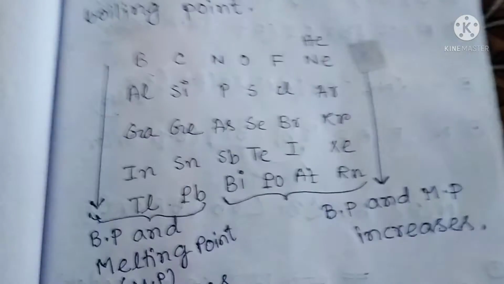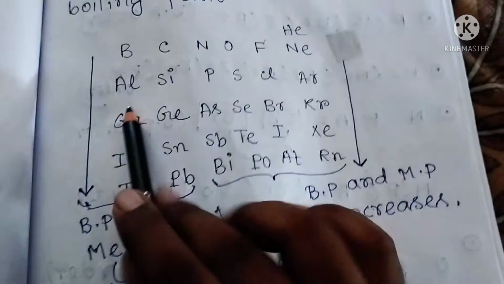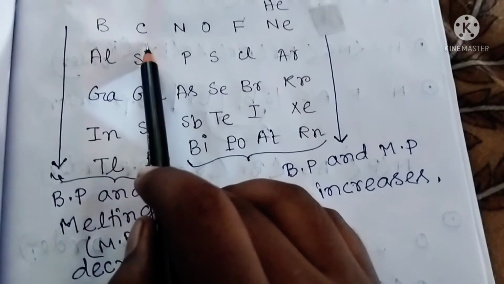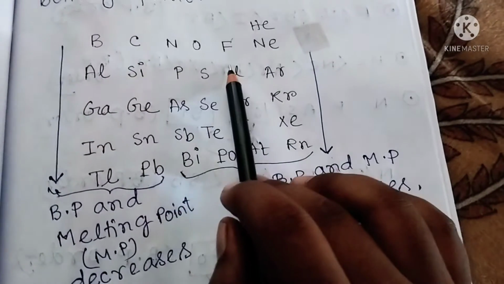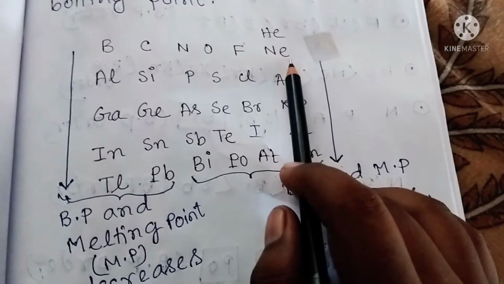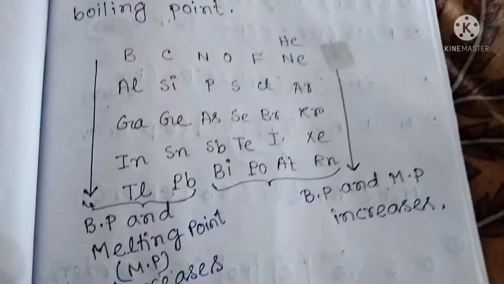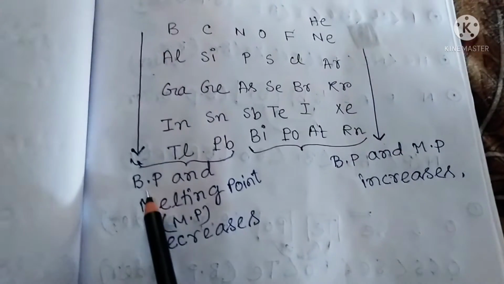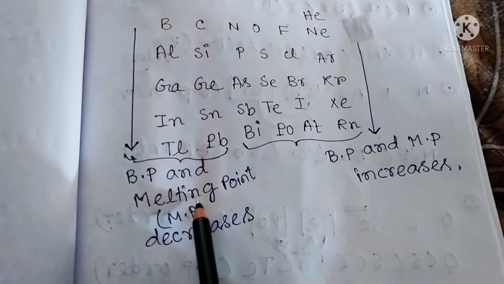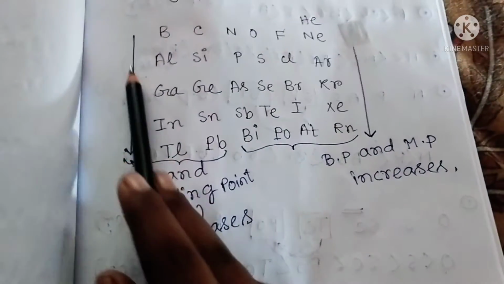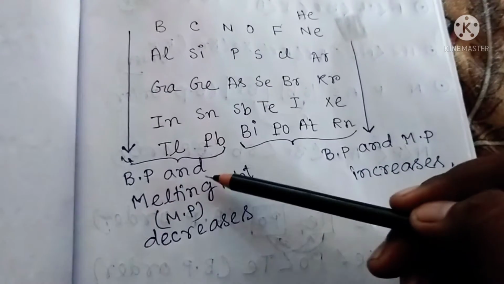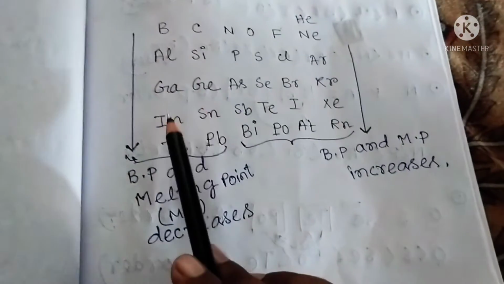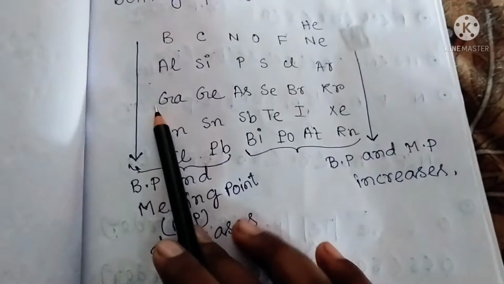Let's see this. This is the boron family, this is the carbon family, this is the nitrogen family, this is the oxygen family, this is the halogen family, and these are the noble gases. Now let's see here, boiling point and melting point decrease along the group. From here to here, boiling point and melting point decrease for these two families, boron family and carbon family.